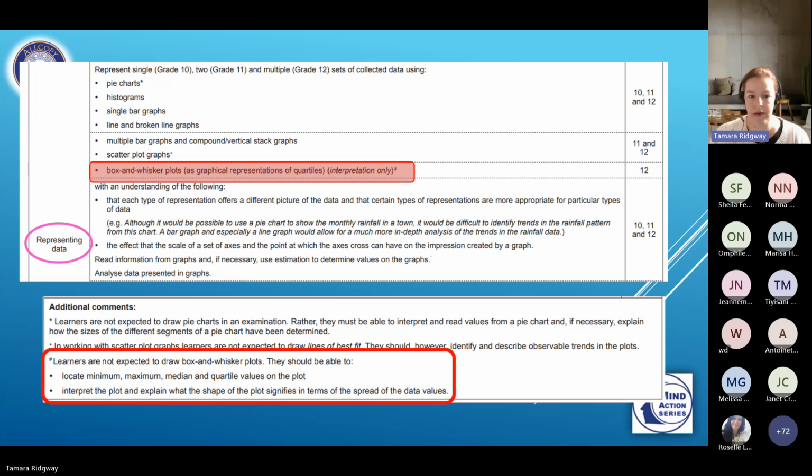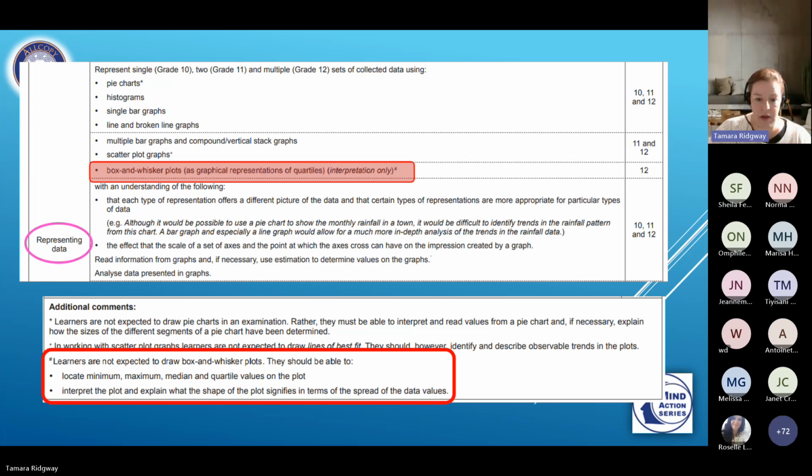Through a box and whisker, right? But what's important is what appears at the end there: interpretation only. It is okay if we get them to draw it, but not on an examinable level, to draw from start to finish.